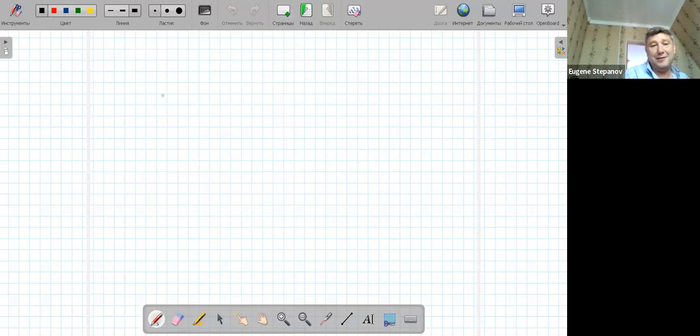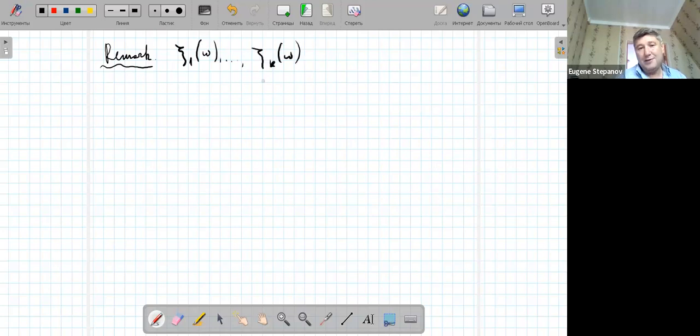Just a remark: what I told you is not exactly the same, but almost the same as what is stated in the theorem of Gromov and Vershik. What I told you is that you take your random points psi_1(omega), etc., up to psi_k(omega). This forms a set, as I called it, sigma_k, but now a random set sigma_k(omega).